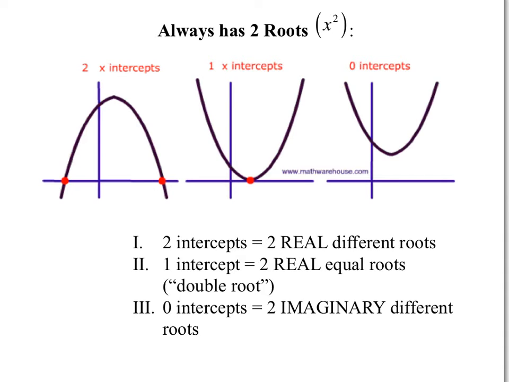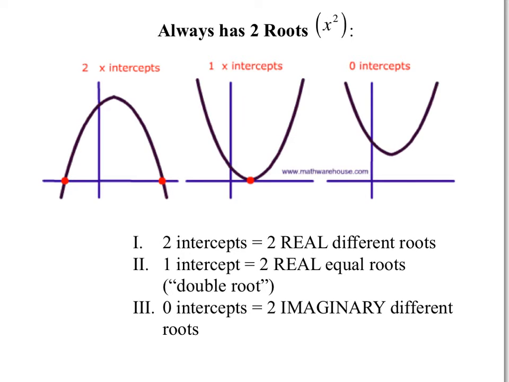But it is possible that the parabola will only touch the x-axis at one point, and that's when the vertex is right on the x-axis. It's possible that the parabola opens up away from the x-axis or downward, in that there are no intersections at all. So no intercepts. But still, in theory, there are two roots or two solutions.